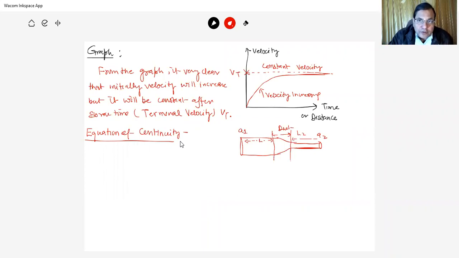Now the liquid is flowing in with velocity V1 and coming out with velocity V2.